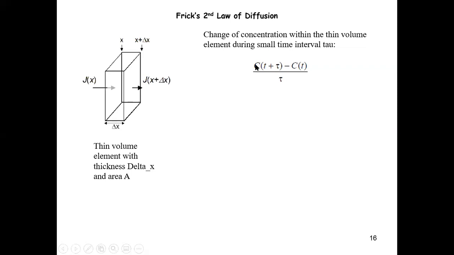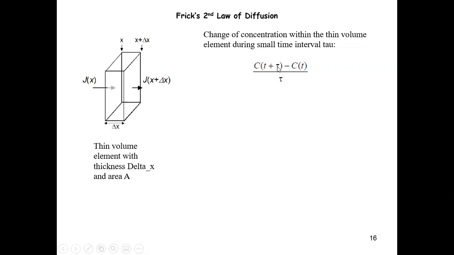Now I'm interested in this over a time tau. If t is my initial time, I'm interested in the change of concentration within this box during time tau, starting from time t. So this C is the concentration within this small box at time t plus tau, right?